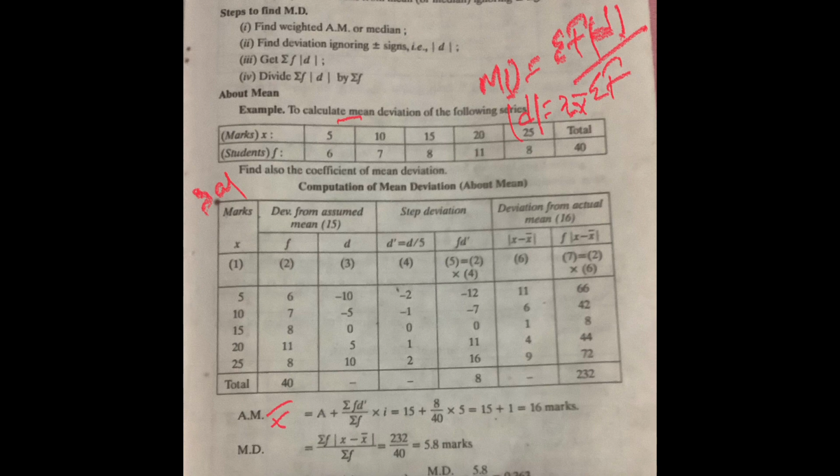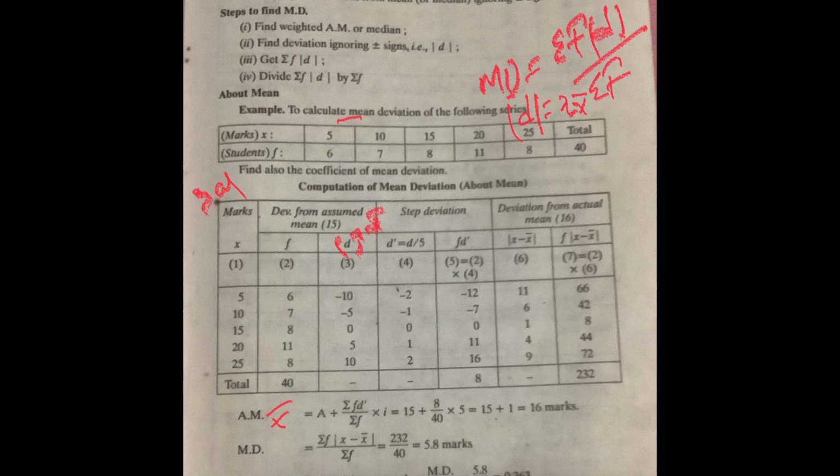So we have to find x bar first. Marks, we are just copying this. Then frequency, we are just copying the same thing. Now we need d, only d, not d modulus, as we are just finding mean here.